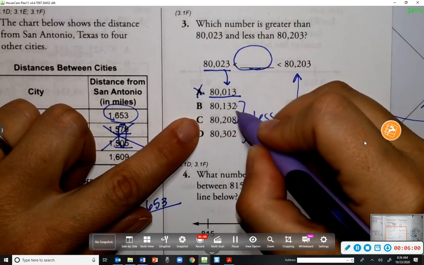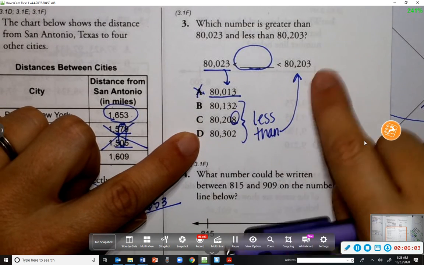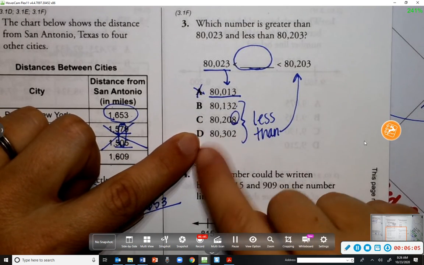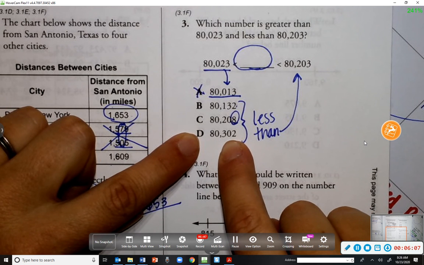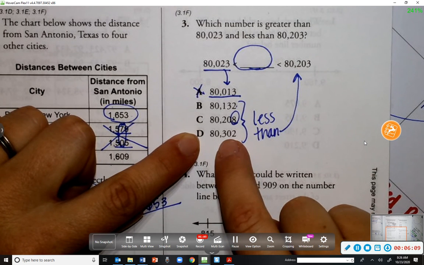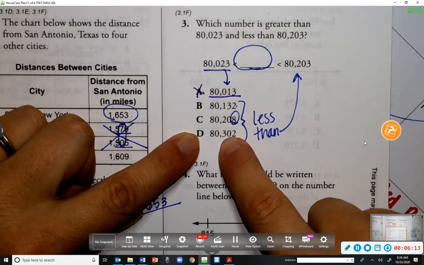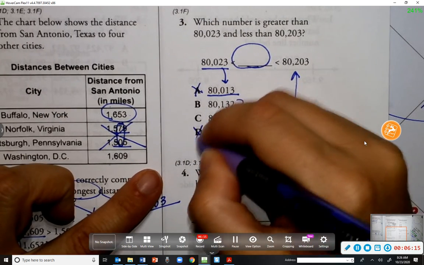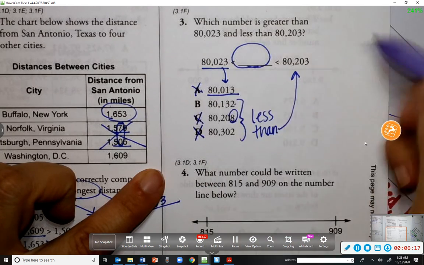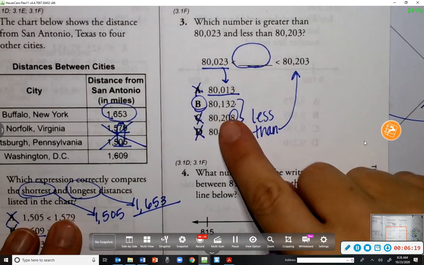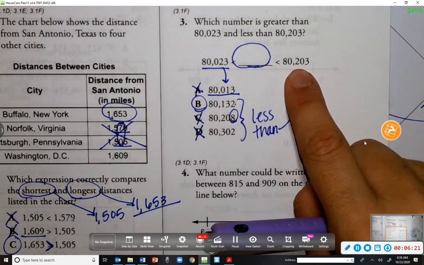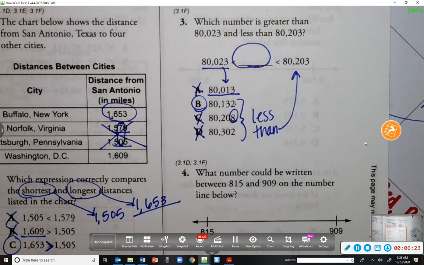The 8 is bigger. Good. You had to go all the way to the ones place to see. Okay, what about D? The 3 is too big. We want less than 203, and this is 302. So B is the only one that is less than 80,203.